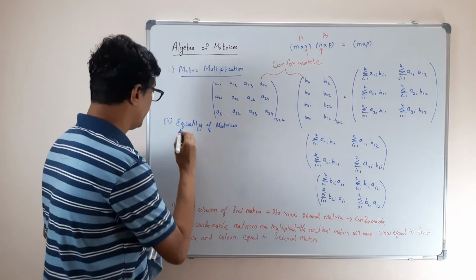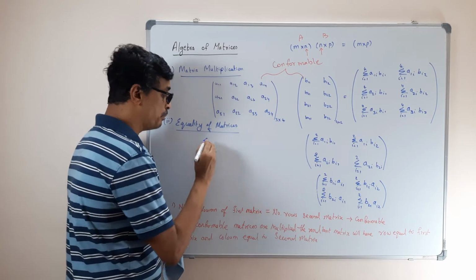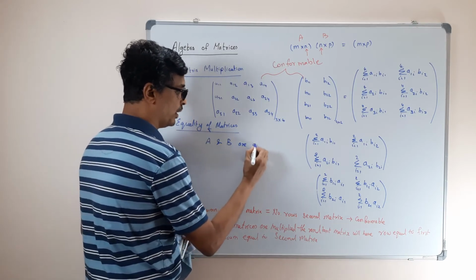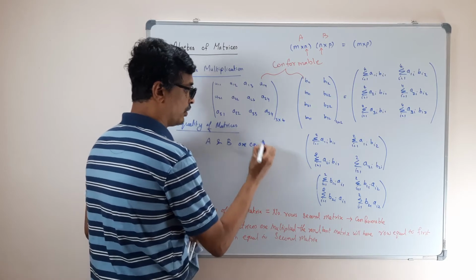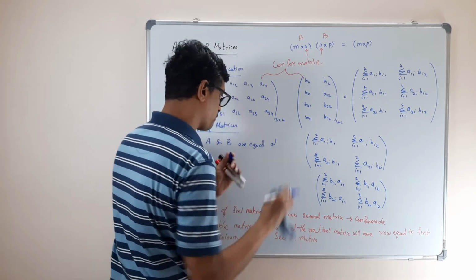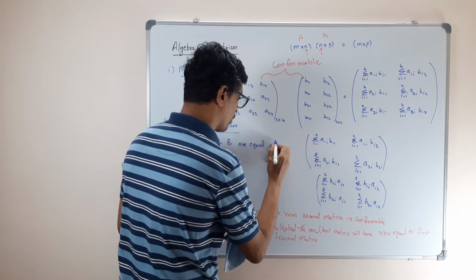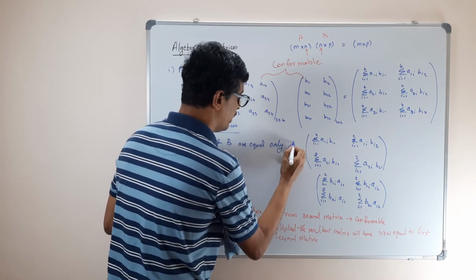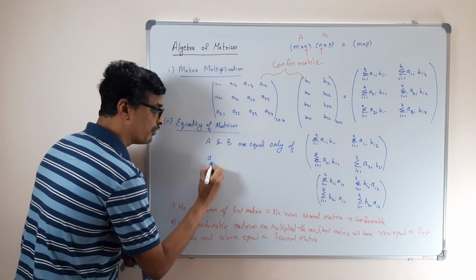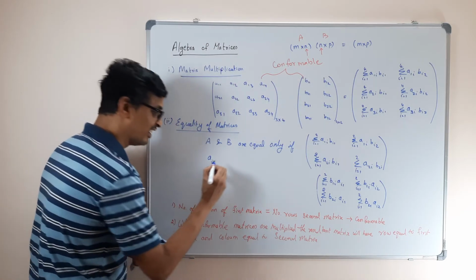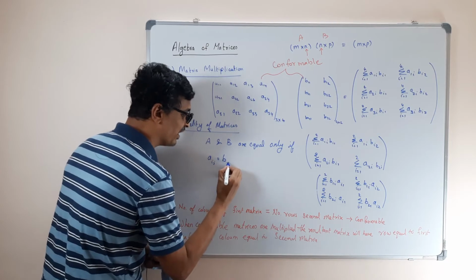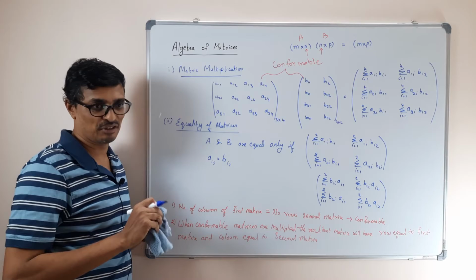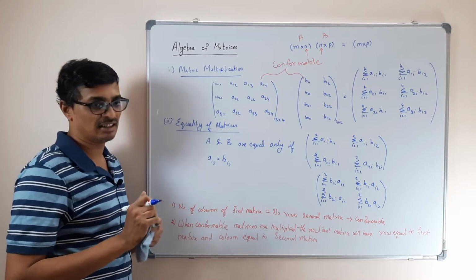That means matrices A and B are equal only if A of ij is equal to B of ij. Each element has to be equal. Then only we can write that the matrices are equal.